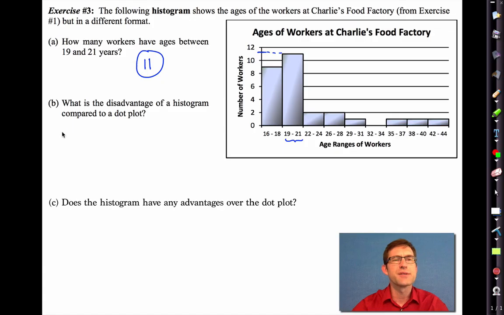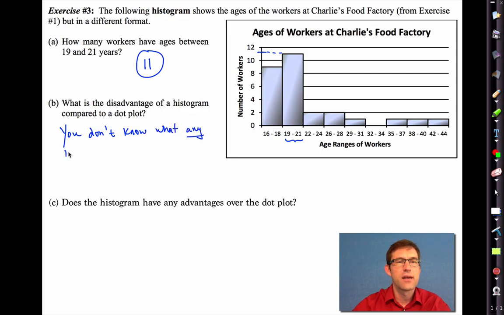All right, well, here it is. You don't know what any, and this is key, any individual data value is. Right? You don't know what any individual data value is.